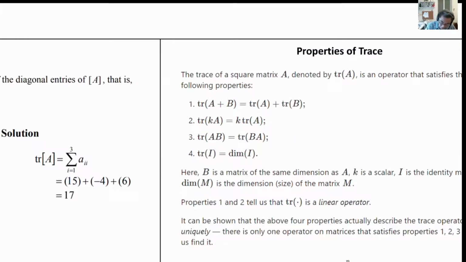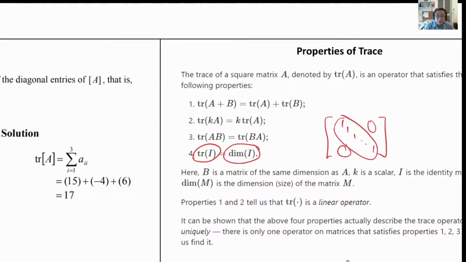The last one is obvious. Since an identity matrix has only one along its diagonal and zero otherwise, the trace of the identity matrix, the sum of this diagonal of ones, is the same as the dimension of the identity matrix.